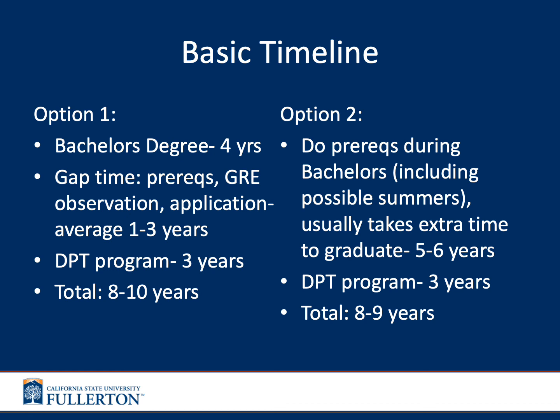And that way you only have the second half of the series, or the second semesters, the B sections of those, to be able to finish your requirements and, for lack of a better term, kill two birds with one stone. This may take some extra time to graduate, so it may include possible summers, winters, or some extra time during the semesters of school, and may take 5 or 6 years to graduate. But you finish all of these requirements in a nutshell of 5 to 6 years. Then you add your DPT on top of that for another 2 to 3 years, for again a total of 8 to 10 years.